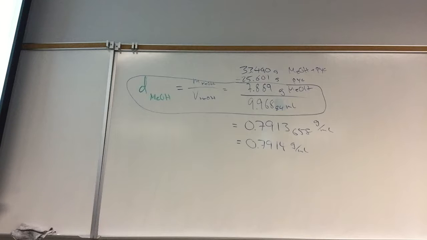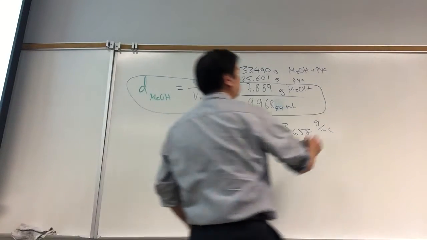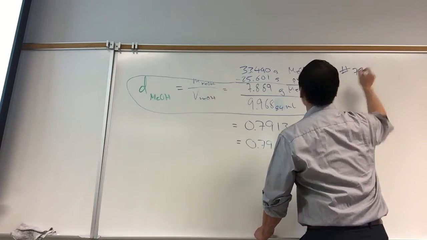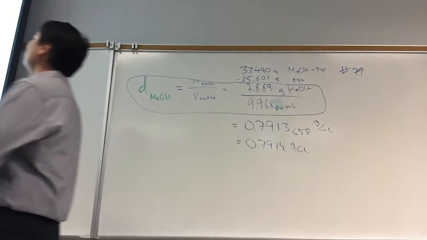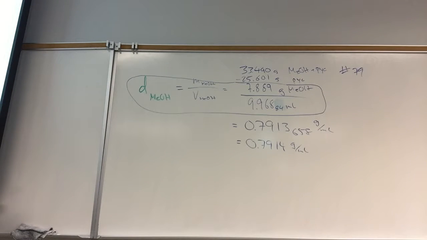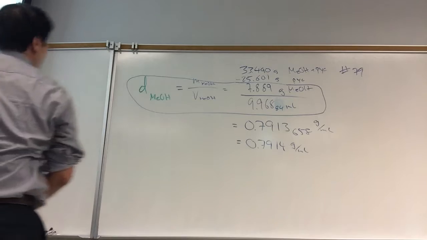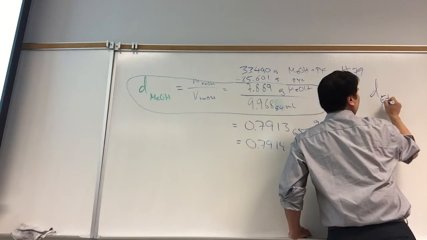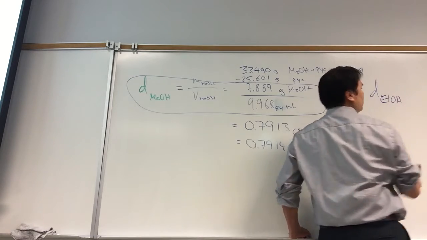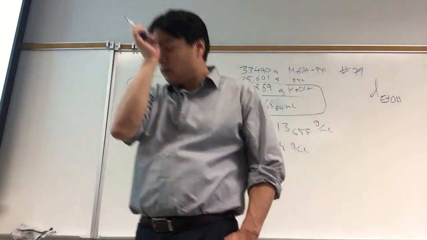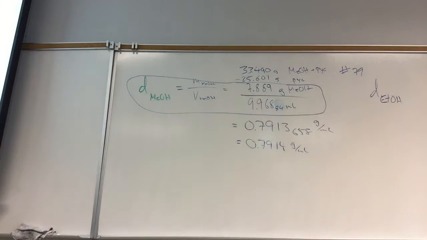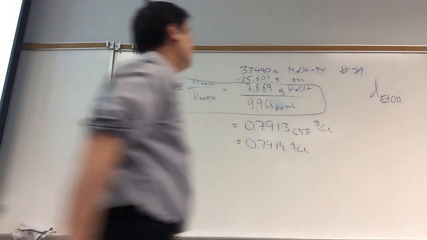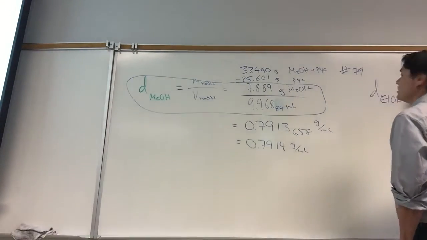And so going to number 79, it's the same thing, except we're going to calculate the density of ethanol. This is going to be the density of ethanol. Ethanol, I go capital E, lowercase t, capital OH, EtOH. The density of ethanol is equal to the mass of the ethanol.